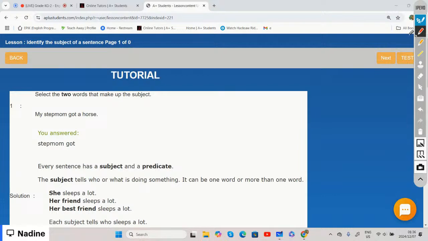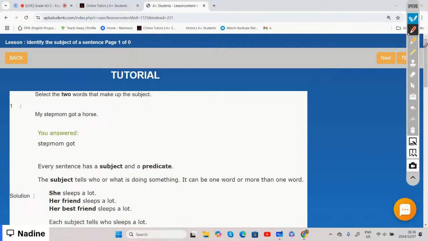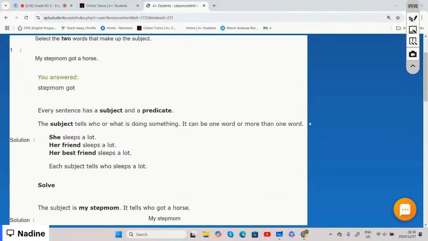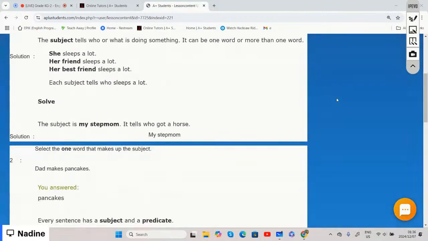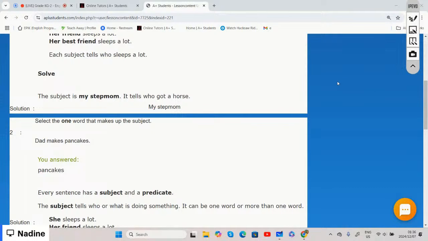I don't know why this thing is not moving. Oh, there, it's sorted. All right, so my stepmom is correct because it tells us who got a horse. So my stepmom got a horse, which means that, yeah, that is our subject. Who got a horse? My stepmom.